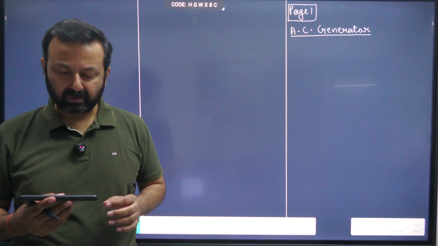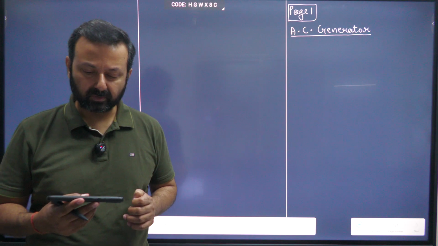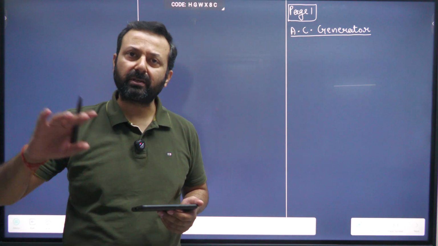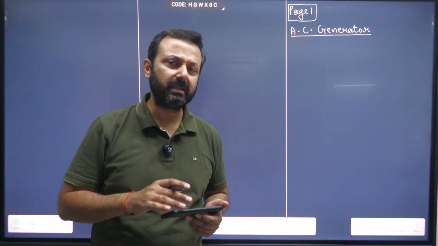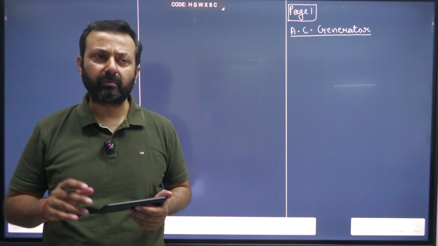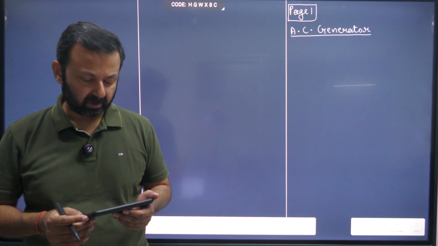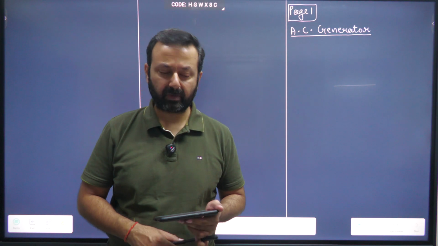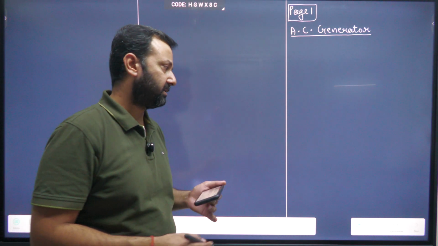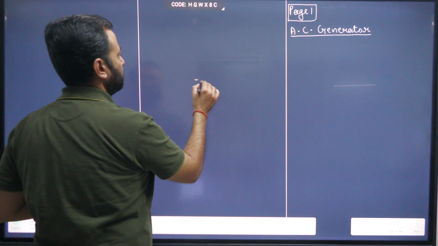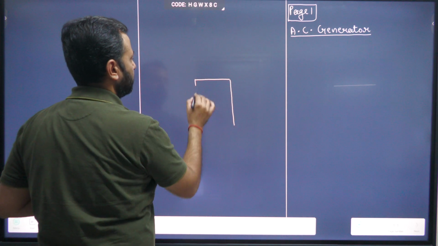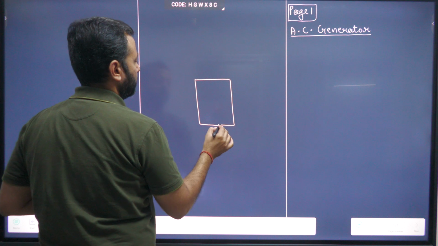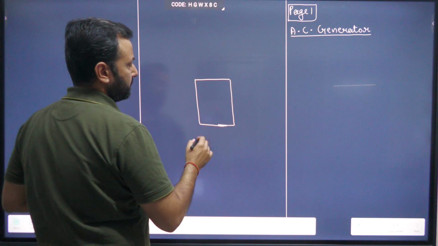Now, principle. The working of an AC generator is based on the principle of electromagnetic induction. Just like a transformer, an AC generator also works on the principle of electromagnetic induction. A closed coil, like this, is a closed coil.